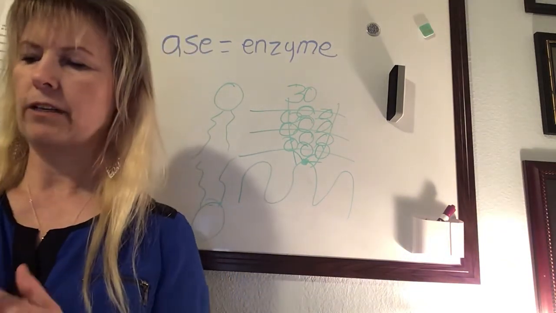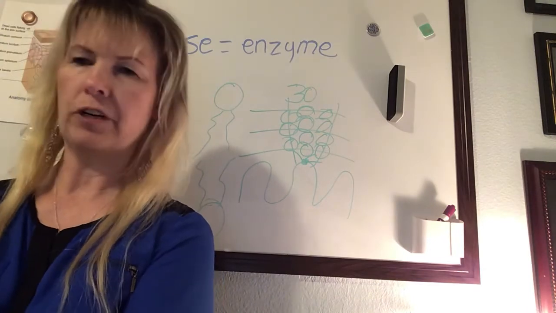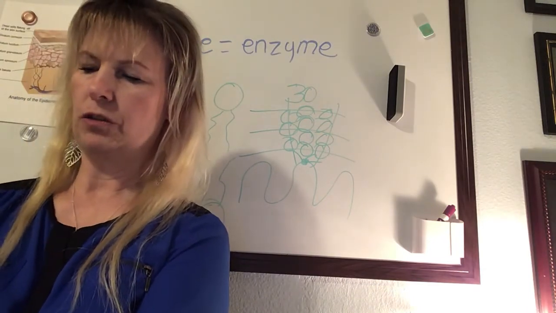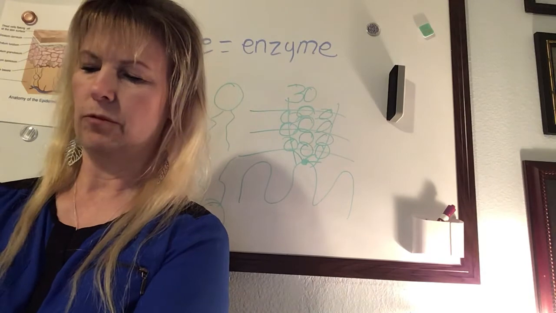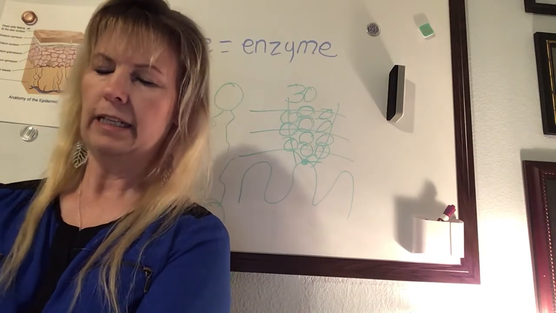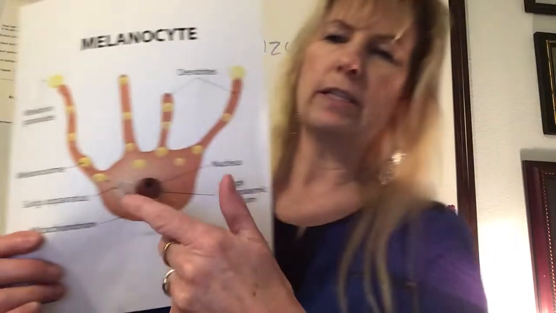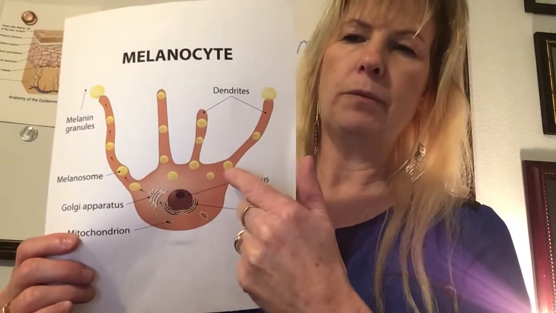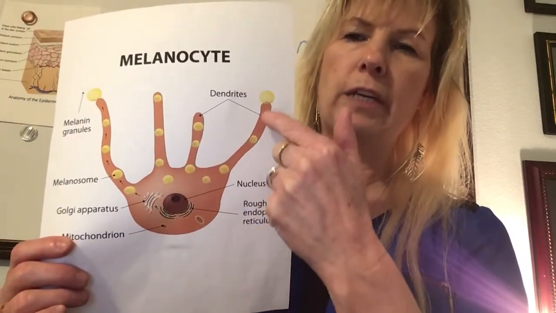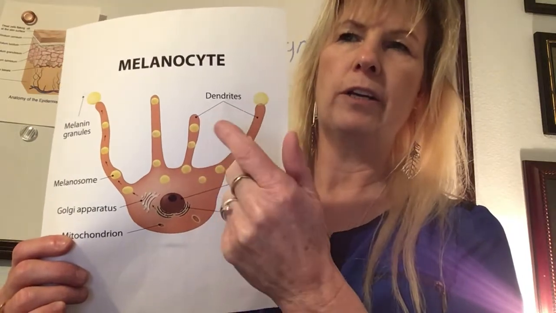Those melanosomes travel up the dendrite arms, releasing the melanin into the keratinocytes. So this is your melanocyte, and remember these melanosomes are carried up through the dendrite arms.